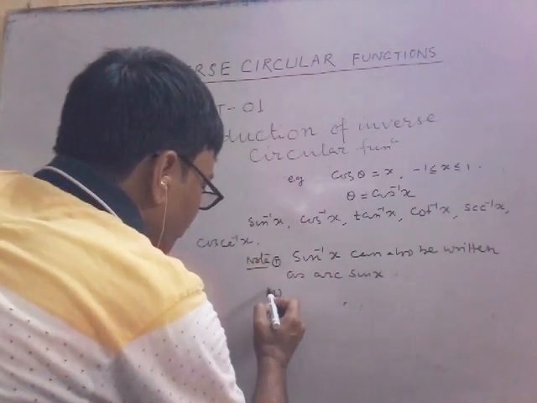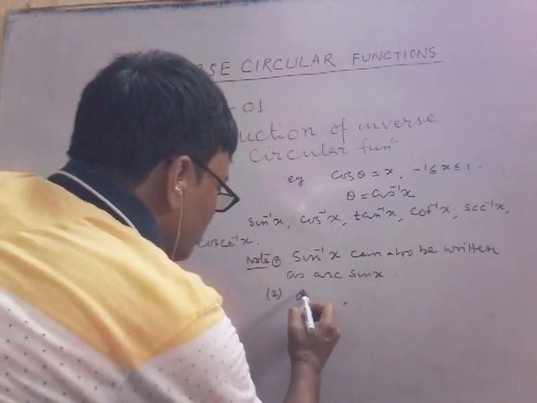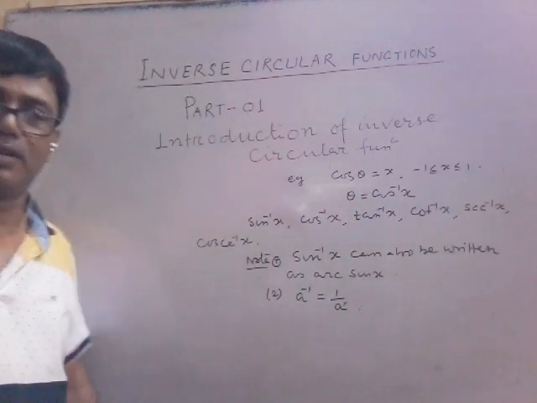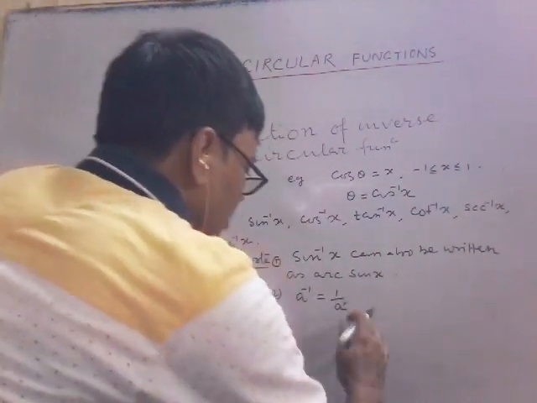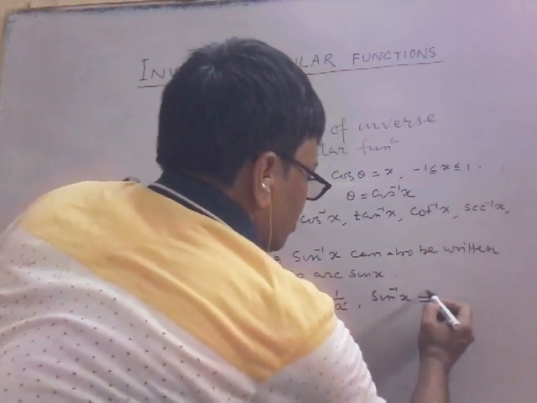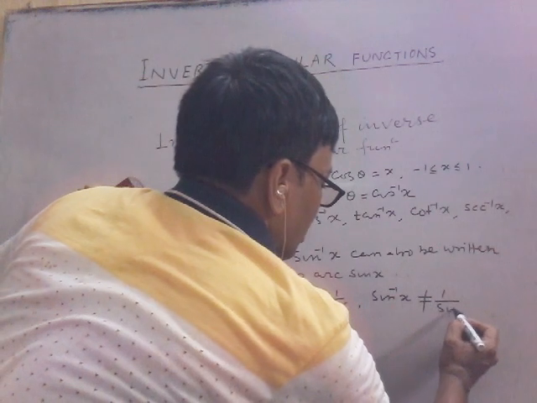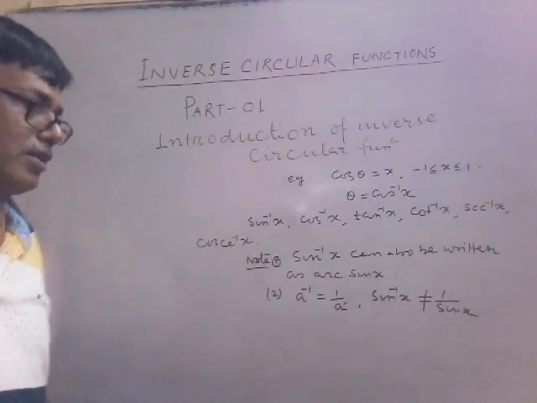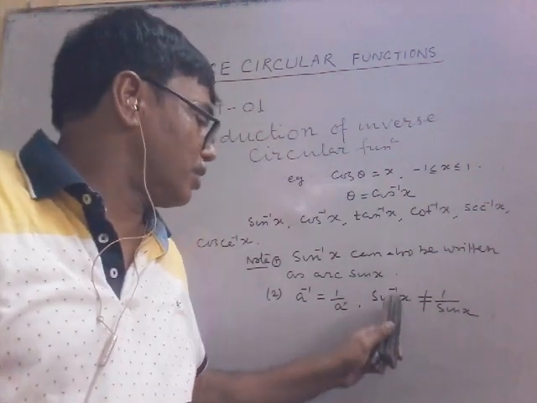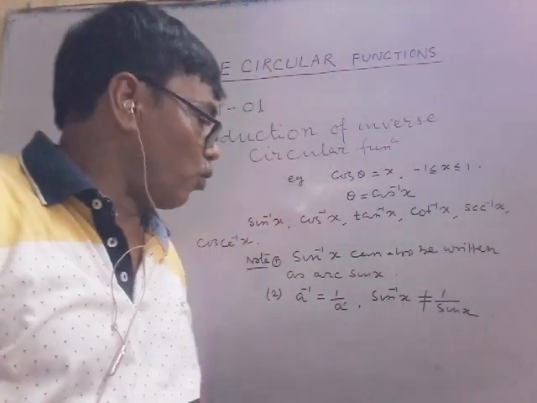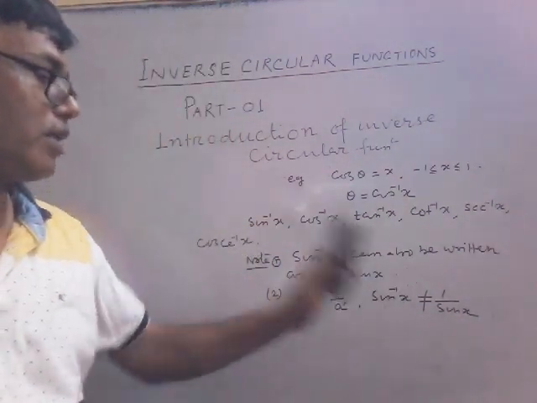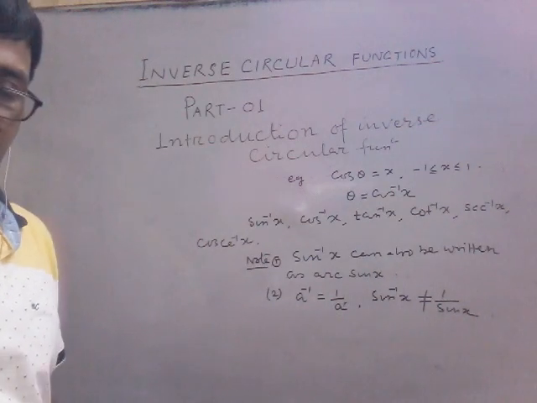Number 2, you know a to the power -1 equals 1 by a in algebra. But sine inverse x does not equal 1 by sine x. Sine inverse x is an angle. 1 by sine x is a pure number.